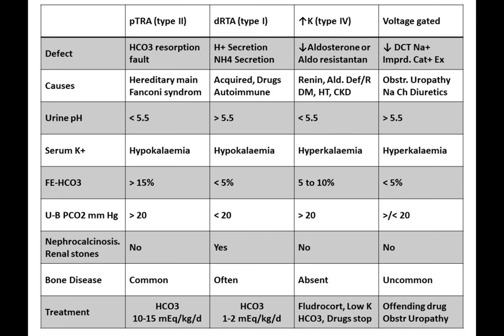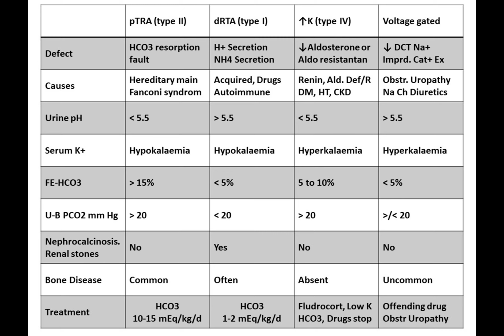Here renin causes, aldosterone causes, and then the aldosterone excess in cases of resistance, diabetes, hypertension, CKD. These are all the causes of type 4, aldosterone deficiency rather. And then the obstructive uropathy and then potassium sparing diuretics could be the cause for the voltage gated also.